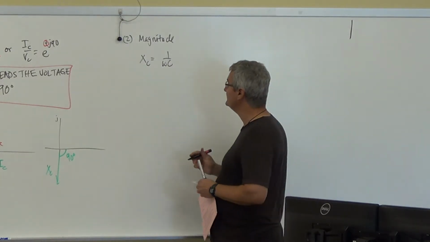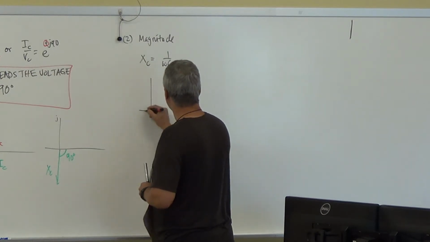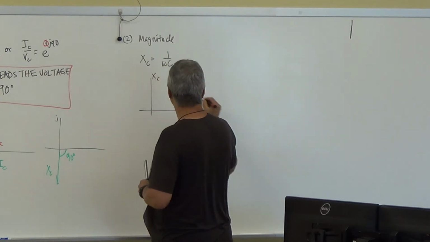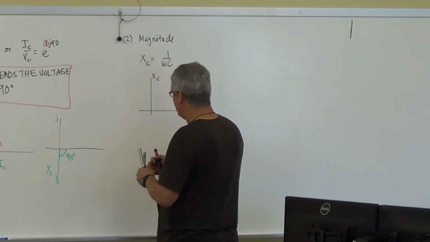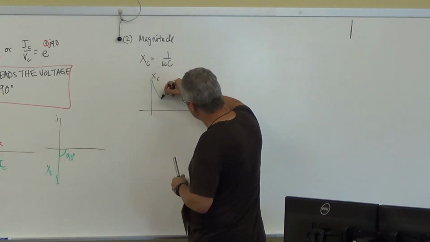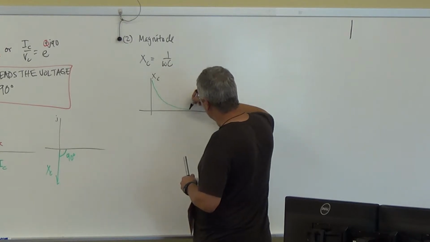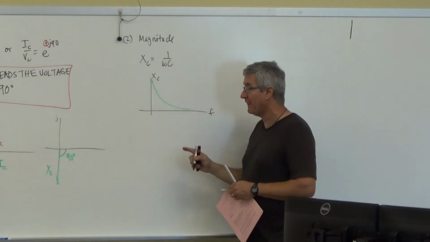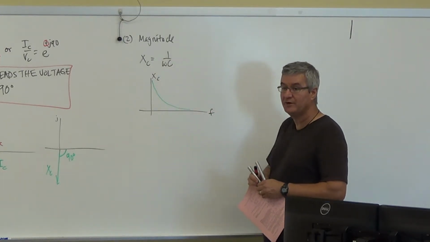So if I plot this as a function of frequency, you can see that the impedance, or the reactance, is very large at low frequencies and very small at high frequencies.